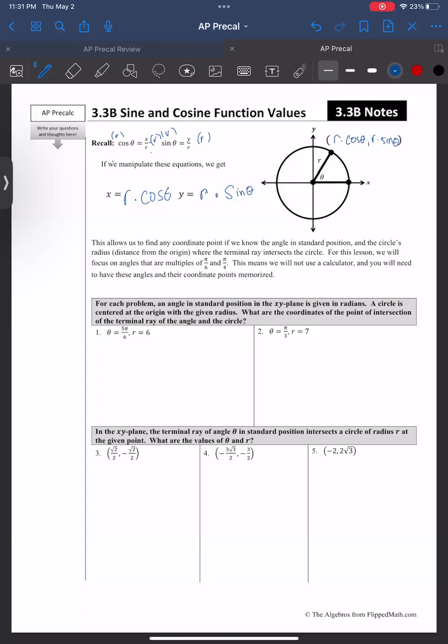Okay, so now we're just going to go straight into the questions. Now, the questions have a lot of information, and really the only things I care about are that the circle is centered at the origin, given radius, what are the points of intersection?